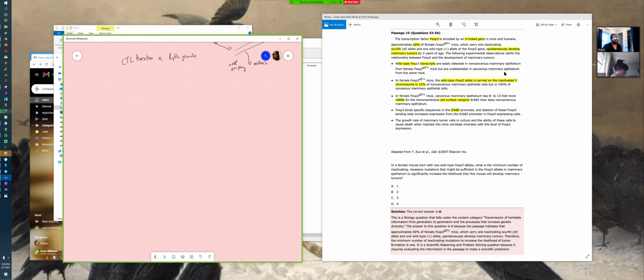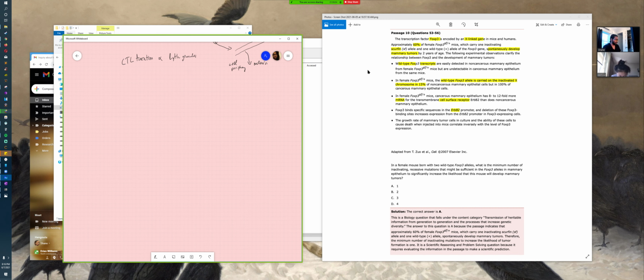So they spontaneously develop mammary tumors by 2 years of age. Now, wild type FOXP3 transcripts are easily detected in non-cancerous mammary epithelium from females, but are undetectable in cancerous ones.